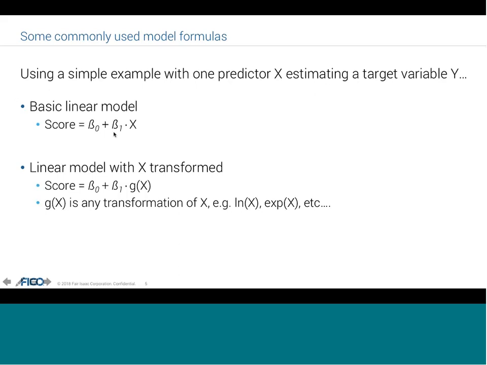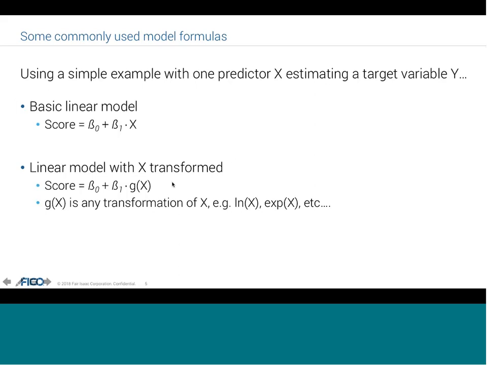The value of X is multiplied by some singular coefficient beta, an intercept value is added, and then the predictive solution is created. On my slides, they're going to be called score. This assumes there's a linear relationship between X and the target variable Y.